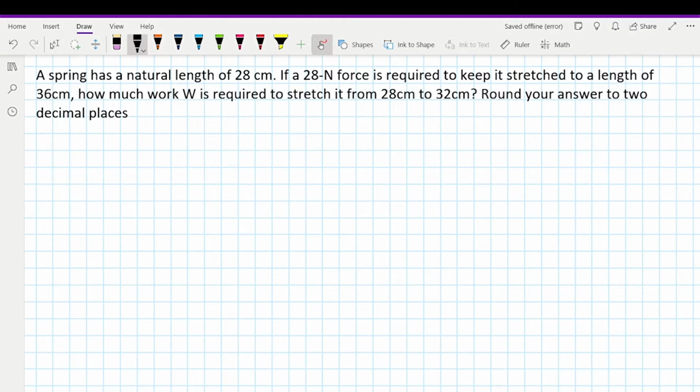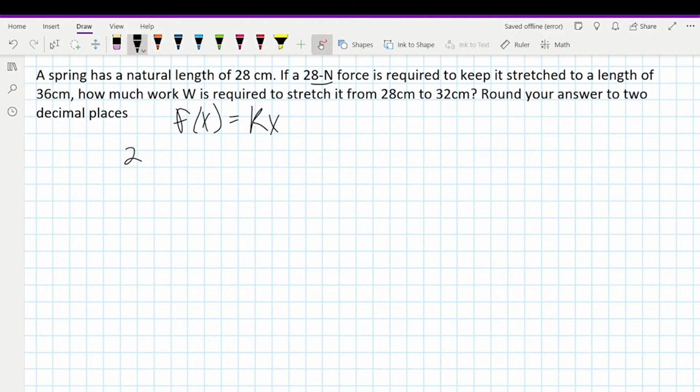To start off, we need our equation for work, which is f of x equals kx. We already know our f of x is 28 newtons.